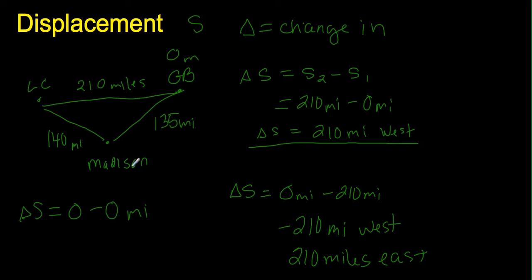Then if we used our same starting location as 210 miles from the west, we ended up going negative 210 west or a positive 210 east, indicating that we really just backed up and went to the same position that we started at.